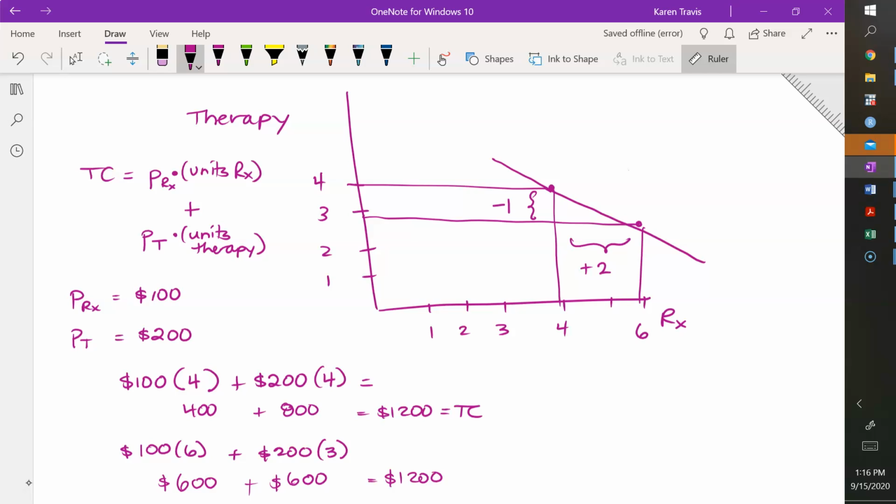It's a 2-to-1 ratio because the prices are also a 2-to-1 ratio. So it turns out the slope comes from the price of the prescriptions and the price of therapy.